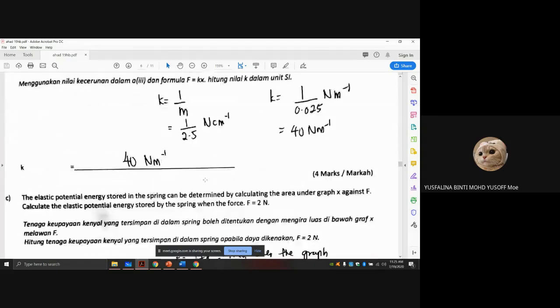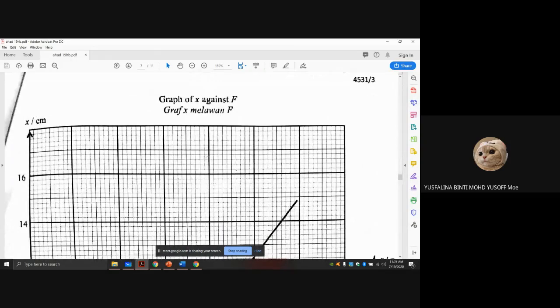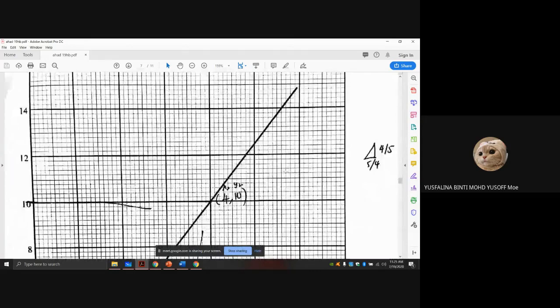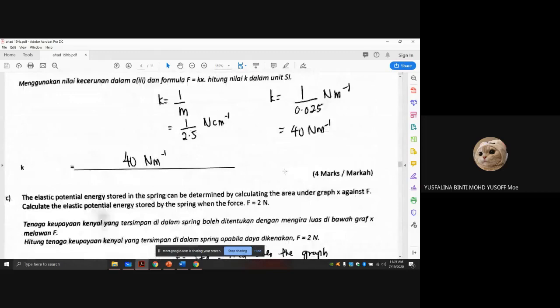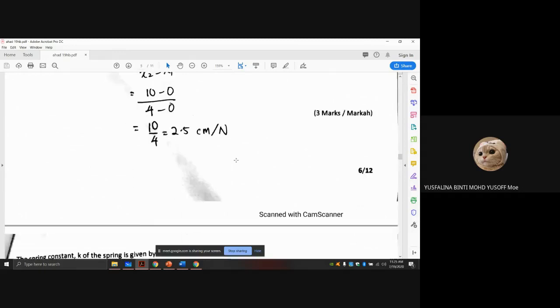So in the question here, you can see the y-axis is cm and the x-axis is Newton. So cm divided by N, that's the unit, or you can put cm N negative 1. It's the same. So this is the gradient.